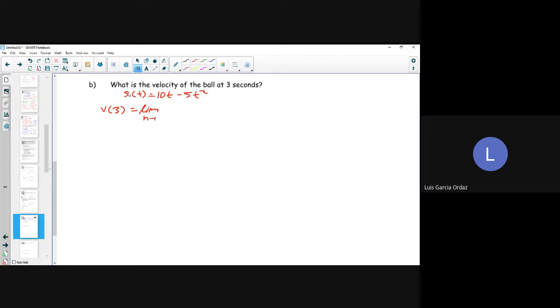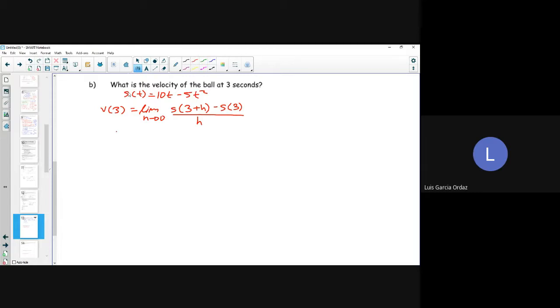as h approaches 0 of s of 3 plus h minus s of 3 all over h. And just like we've been doing before, wherever we see t, we're going to plug in 3 plus h.